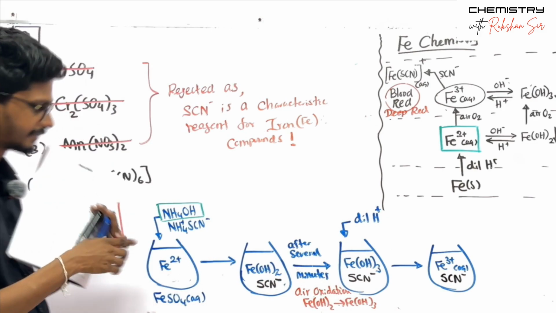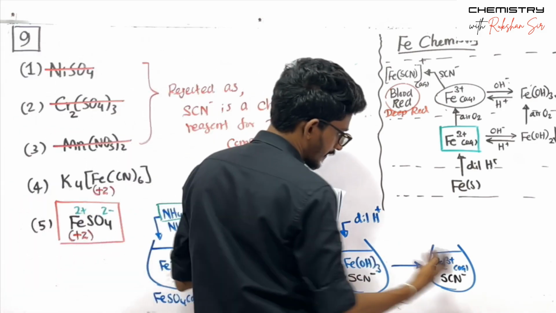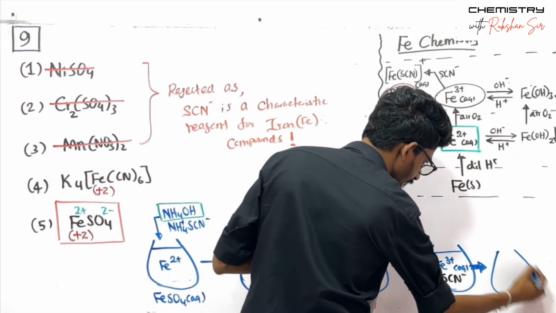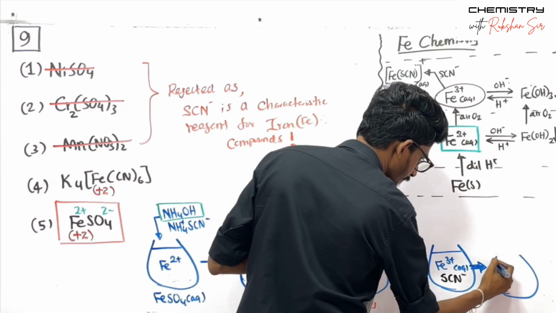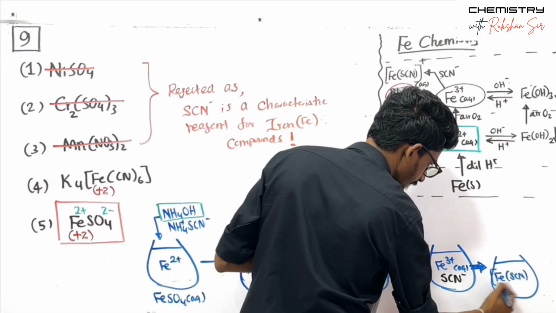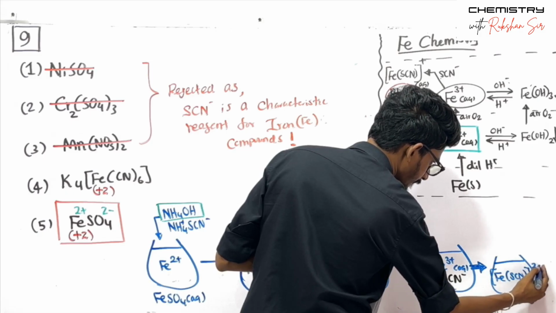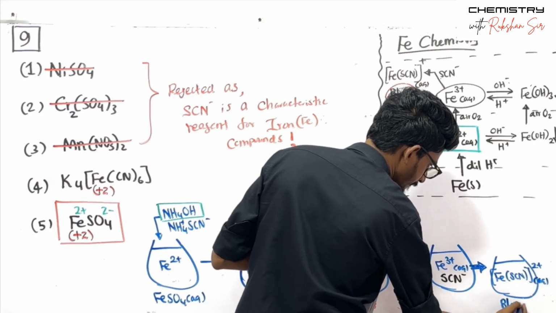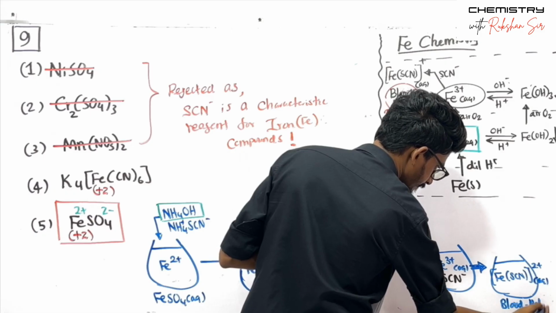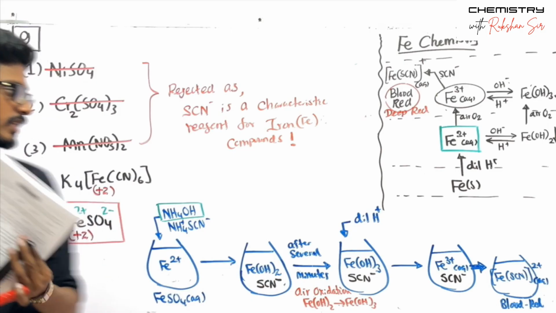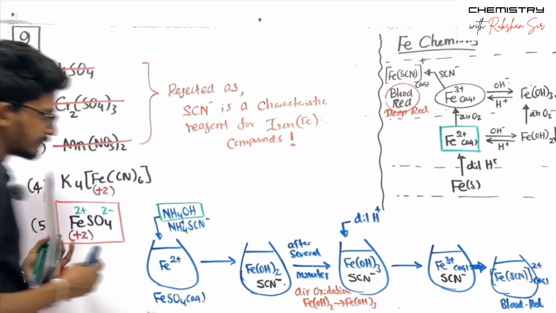So what will happen there? That will eventually convert to the Fe SCN complex, the blood-red complex. Right? That is how things happen.